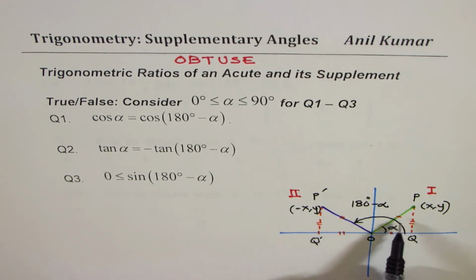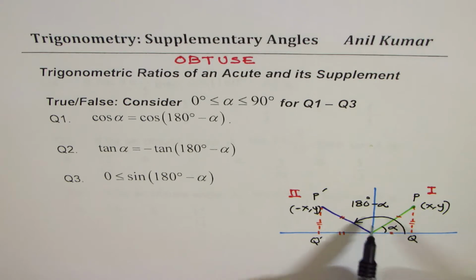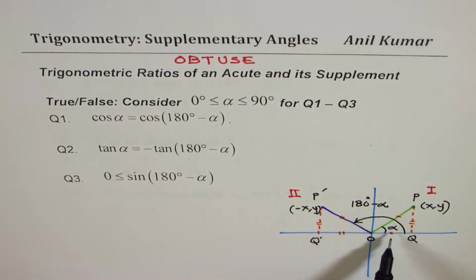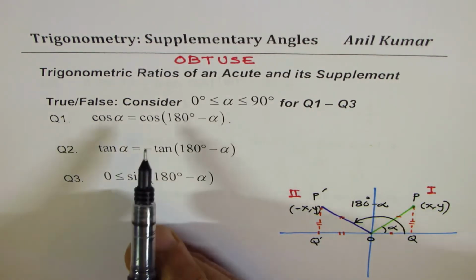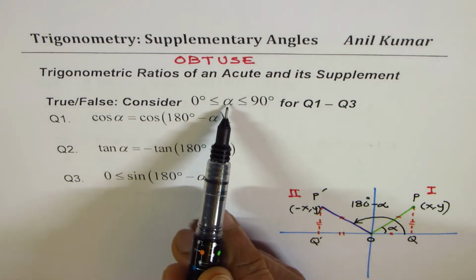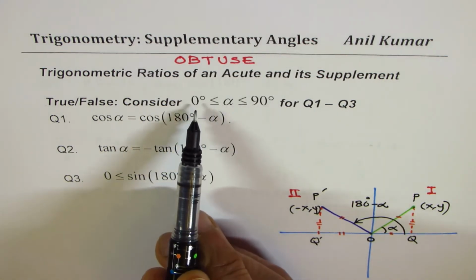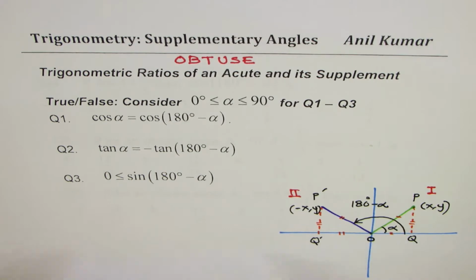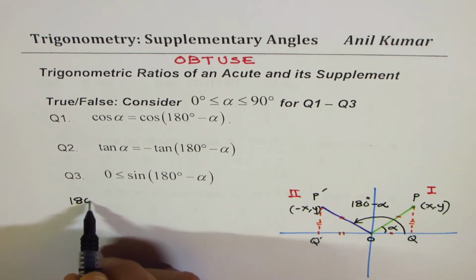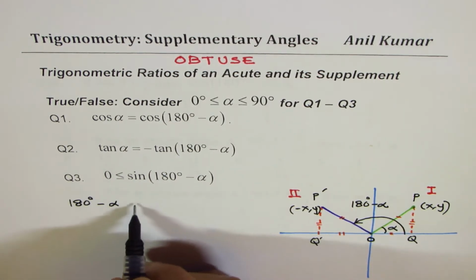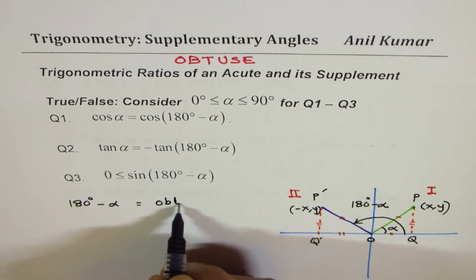So you can now see that if I have an angle of 180 degrees minus alpha, we are talking about an angle which is greater than 90 degrees, since alpha is less than 90 degrees, right? So if we consider alpha to be an acute angle, that is between 0 to 90 degrees, in that case 180 degrees minus alpha will be an obtuse angle.